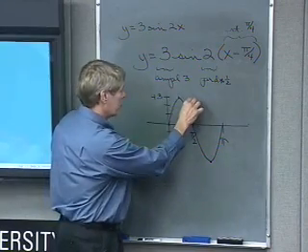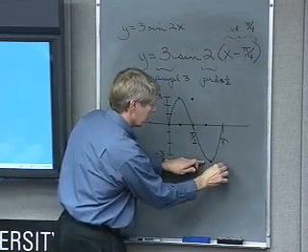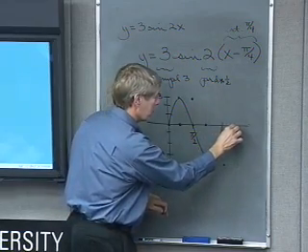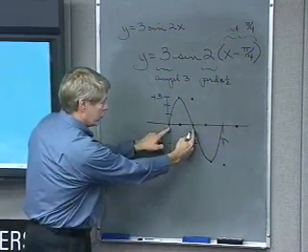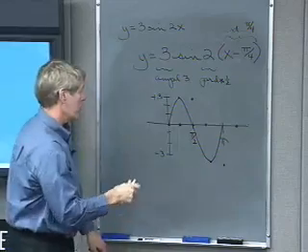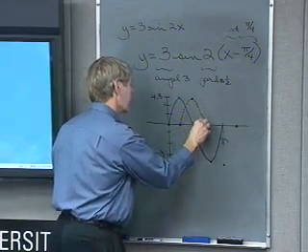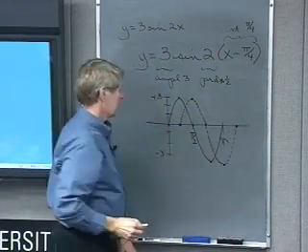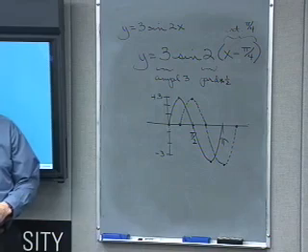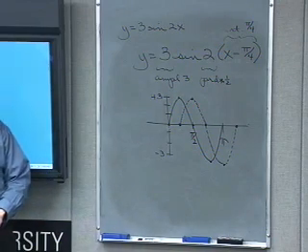Take this point, move it over here to the right, pi over 4, this point, this point, and this point. So if this is pi over 2, this distance, then half of that is pi over 4. So that ought to be our final graph, or sketch anyway. That's a rough sketch of where it is in the plane.